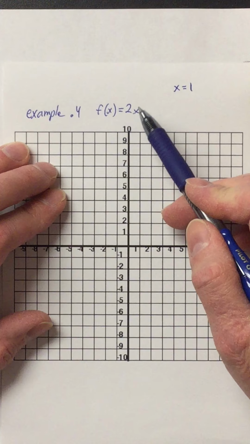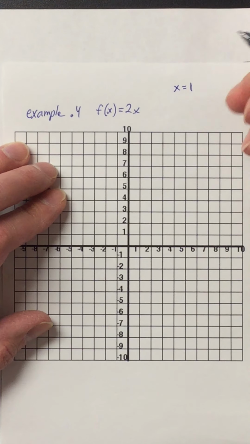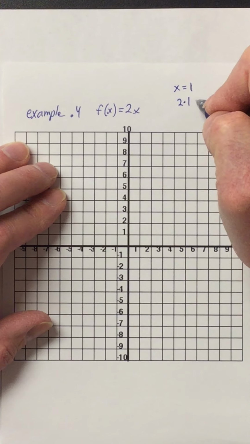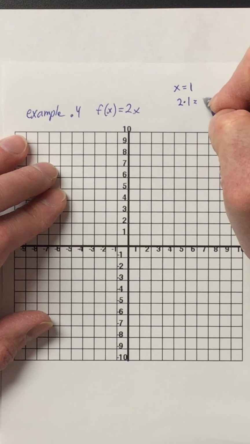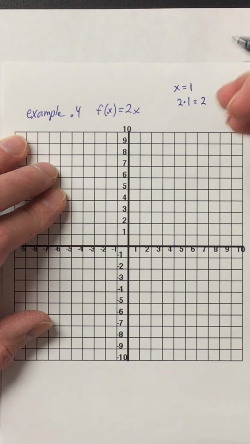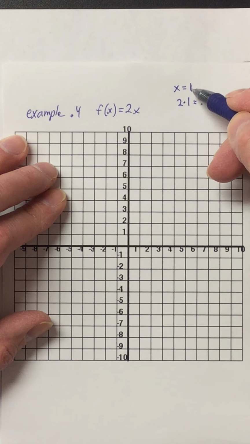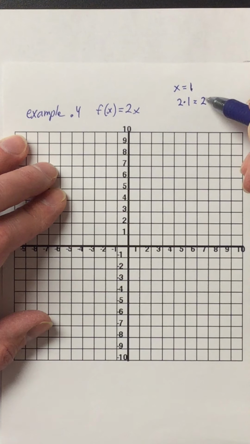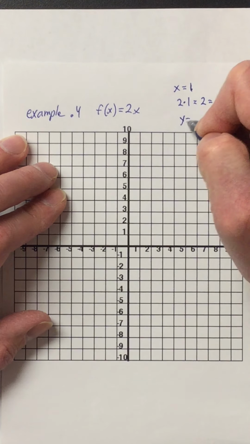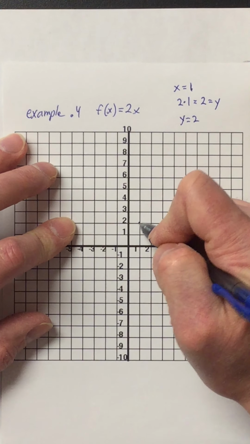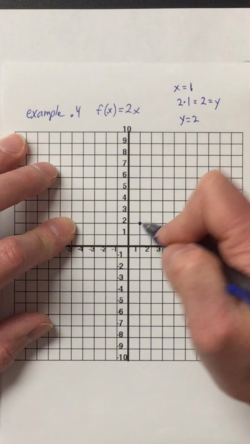So if we put that in there as 2 times 1, then our answer is going to be 2, and what we get out of it, our answer, is equal to our y value. So our x is what we choose to put in, and then what we get out is our y value. So I'll write that again there like that. So if we graph that, x is 1 and y is 2, we got a point right here.